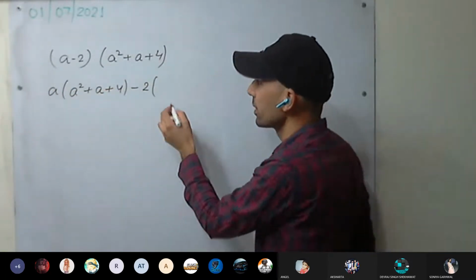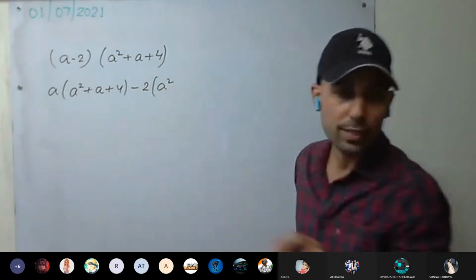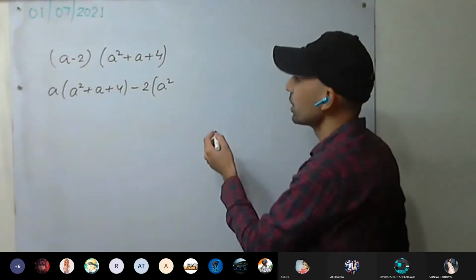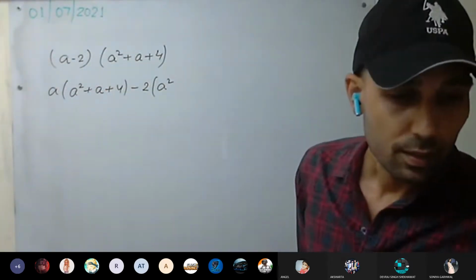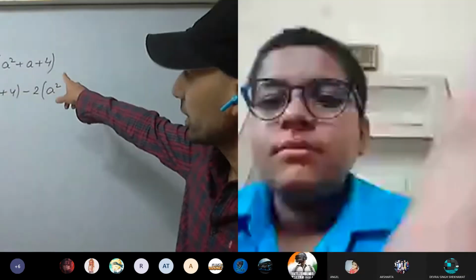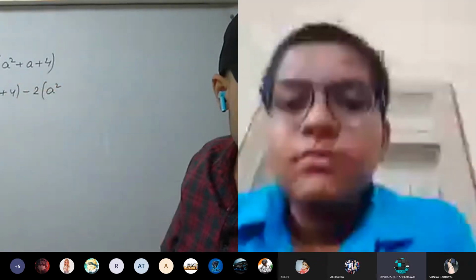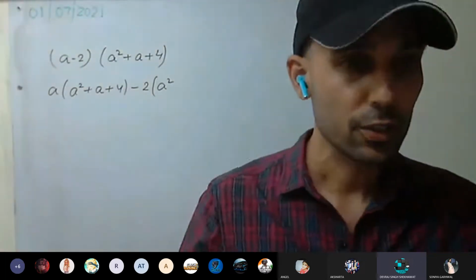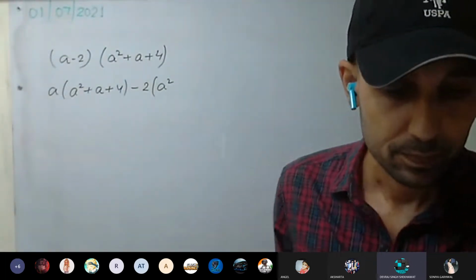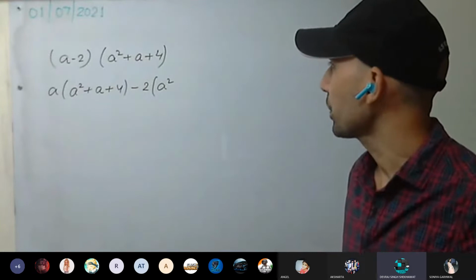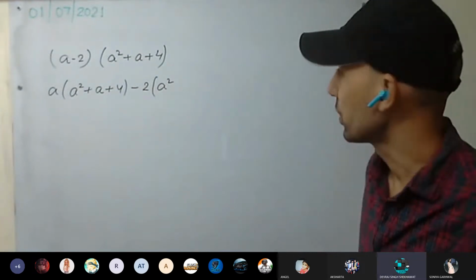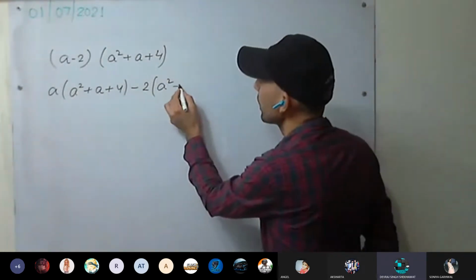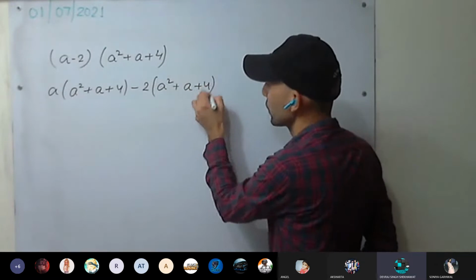Open the bracket and solve the third one. Only a square plus a plus 4 is given, into a minus 2. This is the question.